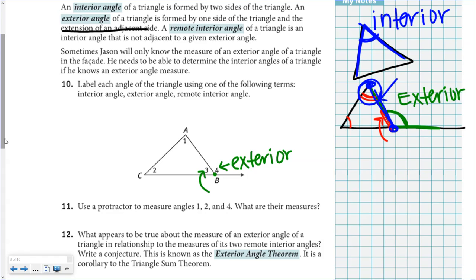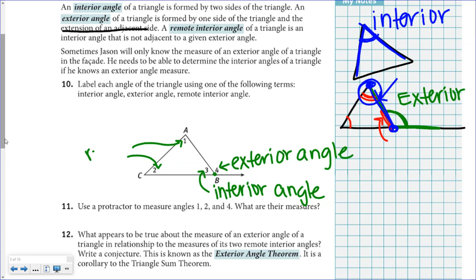So that means that angle 3 is an interior angle. Which means that the other two interior angles that are left have to be the remote interior angles. So angle 2 and angle 1 are both remote interior angles.